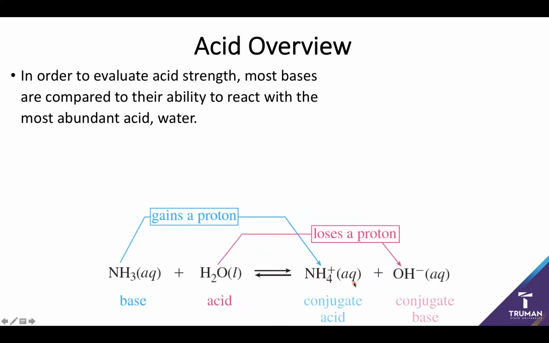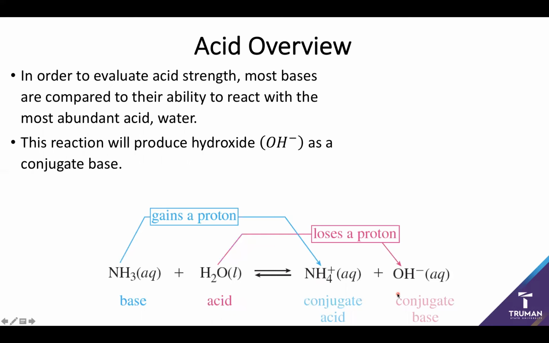On the converse side, if we're going to look at how active a base is, we're going to essentially see how well it can remove a proton from the most abundant acid in water, which is water. And so any sort of base, when it reacts with water, will end up producing some sort of conjugate acid, but much more importantly, it's going to produce hydroxide as a base.